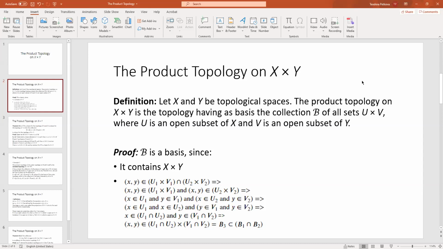The second condition is that if x belongs to the intersection of two basis elements B1 and B2, then there is a basis element B3 which is a subset of the intersection of B1 and B2.